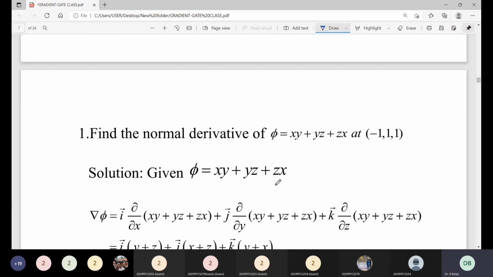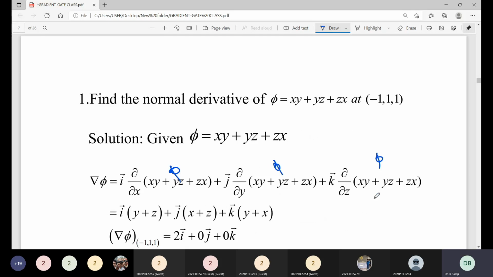First problem, find the normal derivative of pi is equal to xy plus yz plus zx at minus 1 comma 1 comma 1. Solution, given pi is equal to xy plus yz plus zx, then del pi is i into dou by dou x of pi, then j into dou by dou y of pi, k into dou by dou z of pi, which is i into y plus z plus j into x plus z plus k into y plus x.